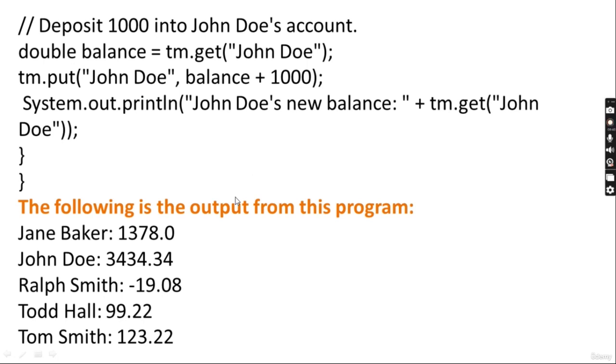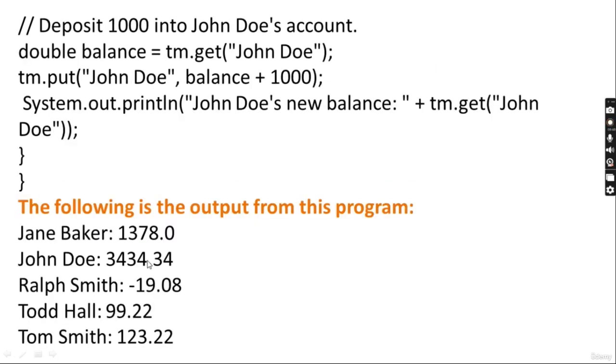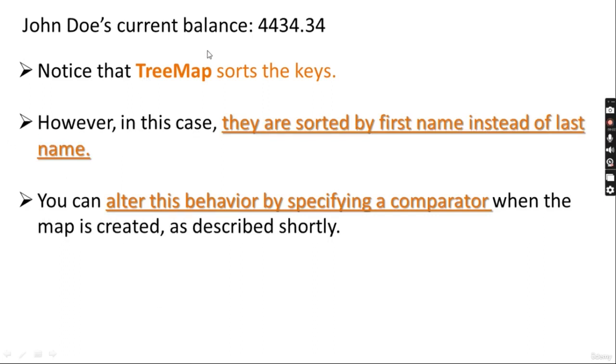Here, the only difference is that elements are sorted using the natural ordering of the key. So, what is the key? Here, alphabetically, all the elements are sorted, and then their account balances are displayed. John Doe's current balance is 4434. They are sorted by first name instead of last name.